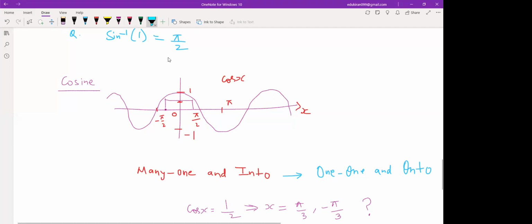Just think about it. In general terms, you can understand it like this: the region should cover all the values from -1 to 1, and it should cover these values once only.